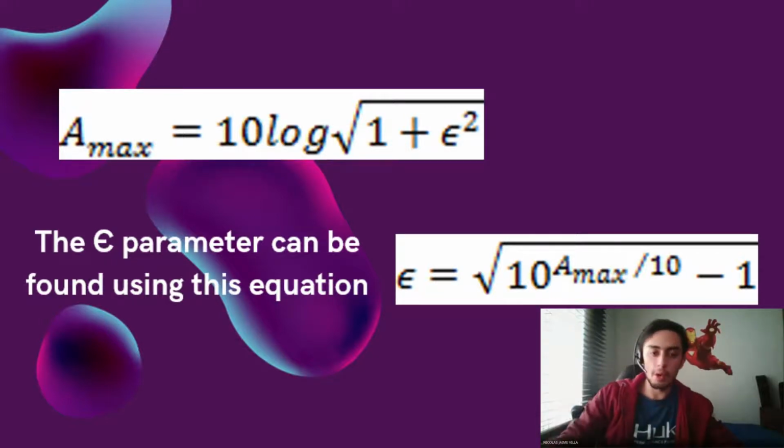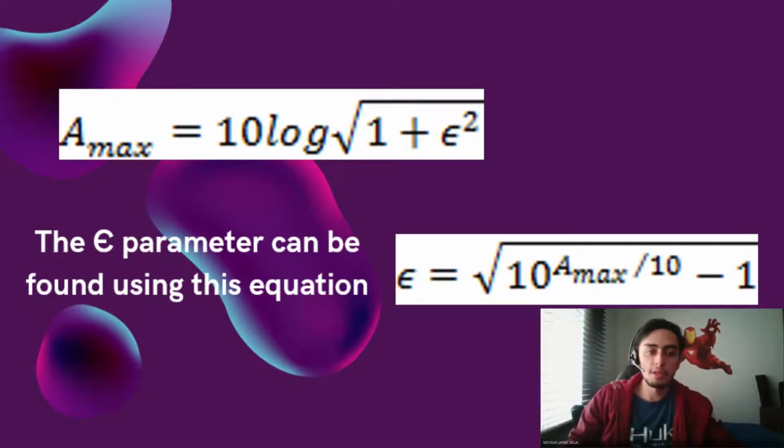We can also, in the last equation, determine the e using the equation of A max, but changing the order. And then we can see in the next one, that is the minus 20 log, that the maximum deviation in the transmission of the band pass occurs only in the border of it.